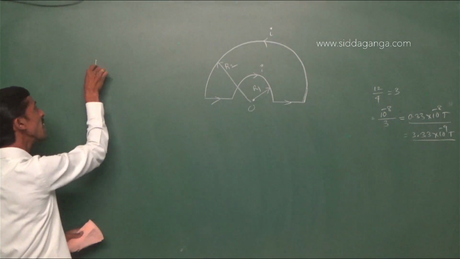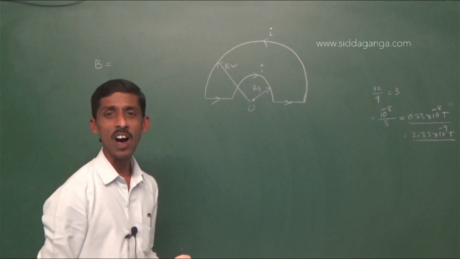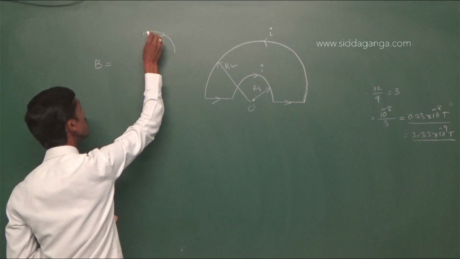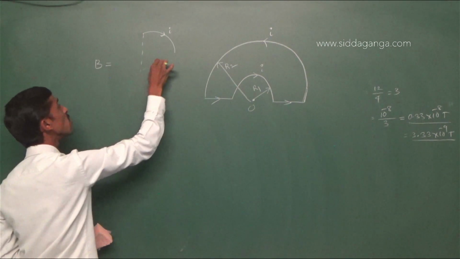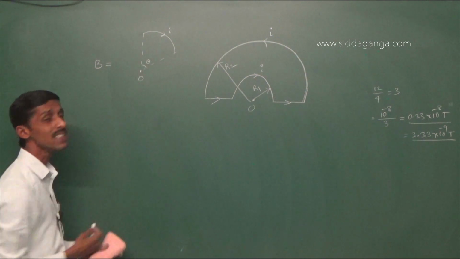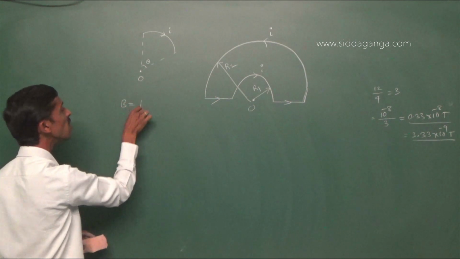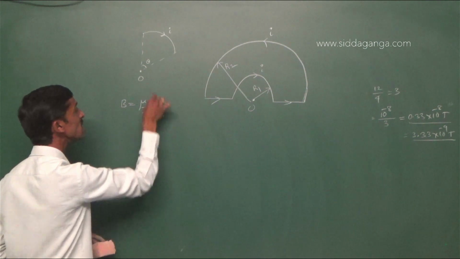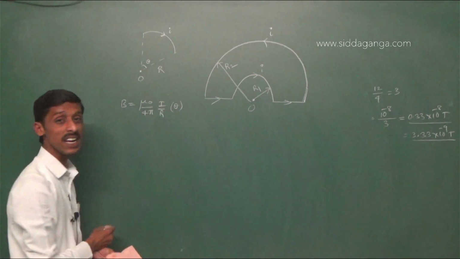Remember, magnetic field at a point due to an arc-shaped wire. When a wire is bent in the form of an arc, and it is carrying the current I, and the ends of the wire subtend an angle theta at the center of the arc, then the formula for the magnetic field is B equal to mu naught by 4 pi, I by R, where R is the radius of the arc, into theta, which must be in radian.